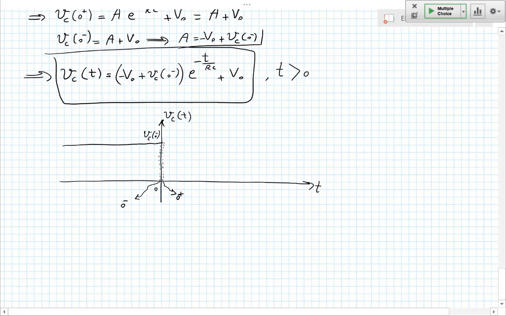We saw that during the transition from 0 minus to 0 plus, the capacitor voltage did not change. So your Vc of 0 plus was the same as Vc of 0 minus. And then after that, you have an exponential decay.